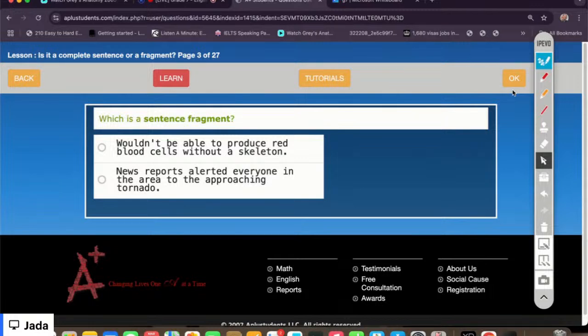So, which is the sentence fragment? Wouldn't be able to produce red blood cells without a skeleton. News reports alerted everyone in the area to the approaching tornado. So, what do you think is the sentence fragment here?